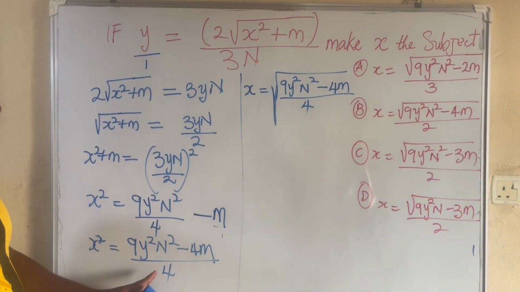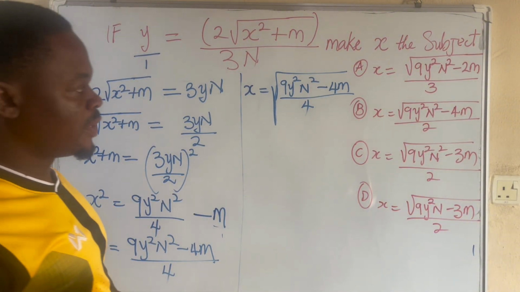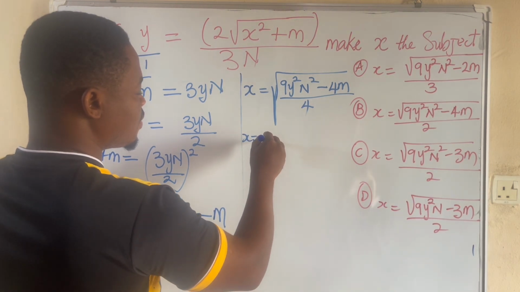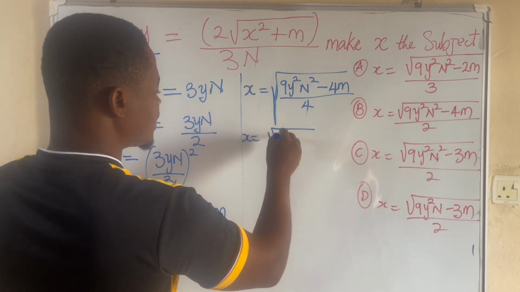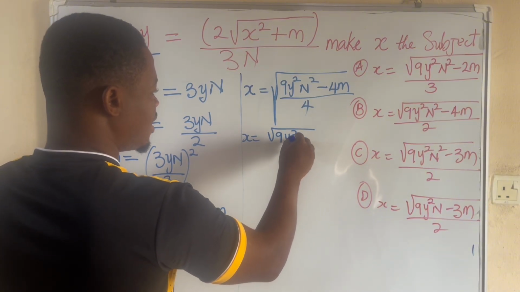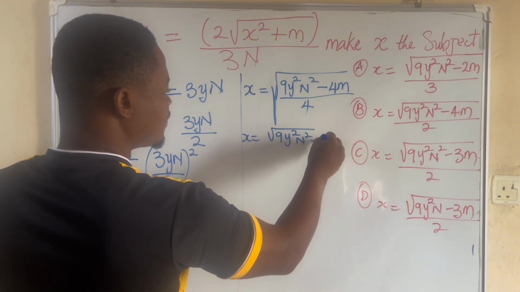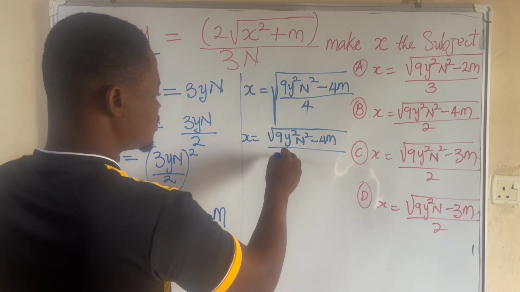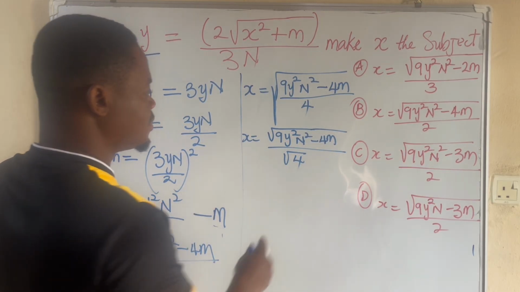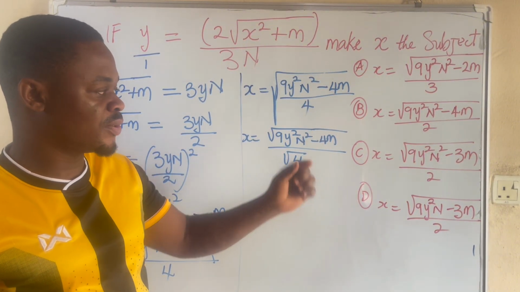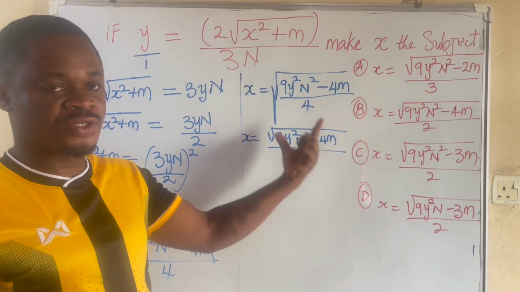The square root covers both the numerator and the denominator. So this is also the same as having x equal to the square root of 9y squared n squared minus 4m, divided by the square root of 4. The square root covers the numerator and equally covers the denominator, so we can look for the square root of both of them.